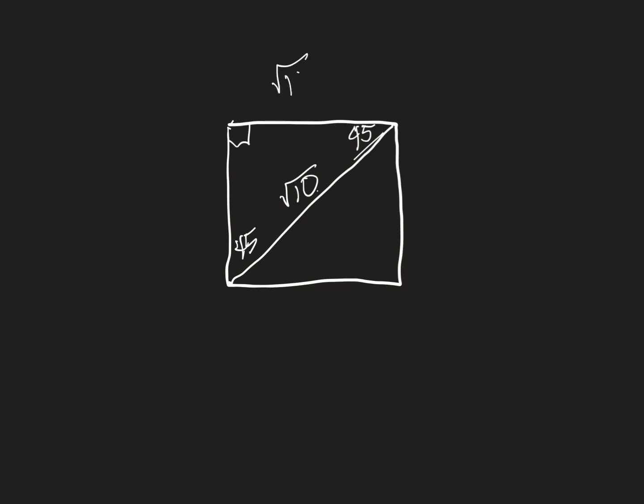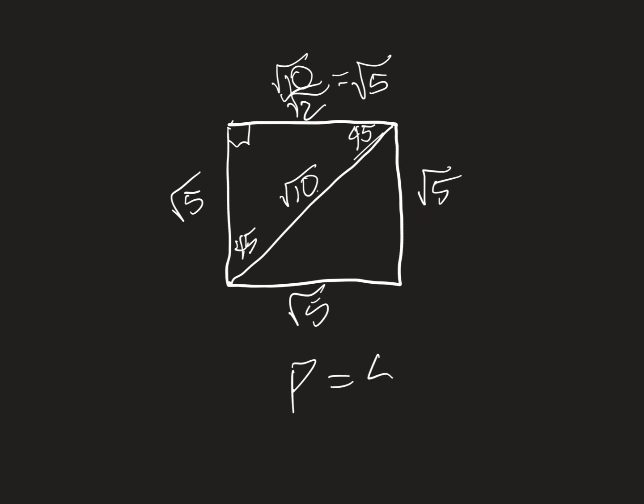So the square root of 10 divided by the square root of 2, that's going to be the leg, or the leg is just square root of 5. So the whole square, everything is now the square root of 5 for the legs. And if I add up each side, that's the perimeter. So the perimeter is 4 times the square root of 5.